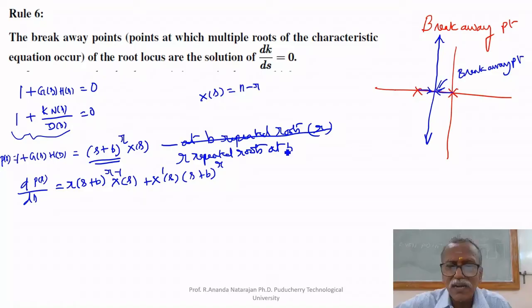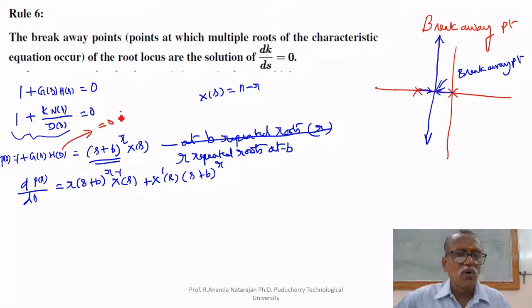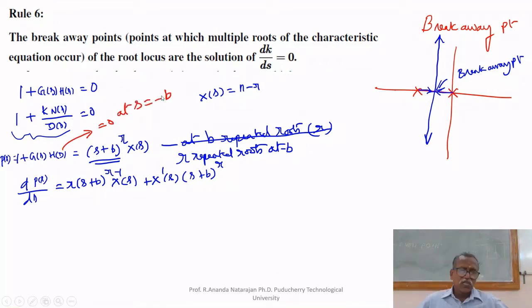If you substitute minus b there, because it has repeated roots at minus b, the characteristic polynomial becomes 0, because at minus b it has r repeated roots. You check dp by ds. That is also equal to 0 if s equal to minus b.